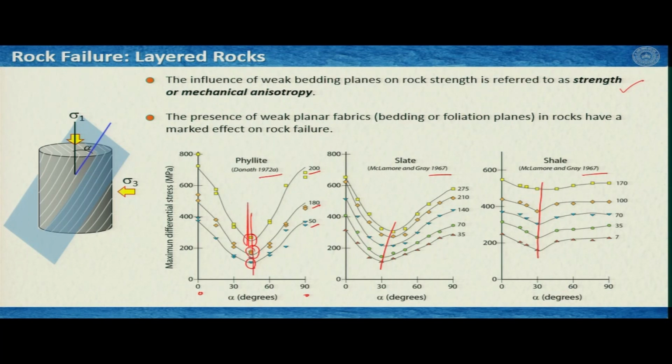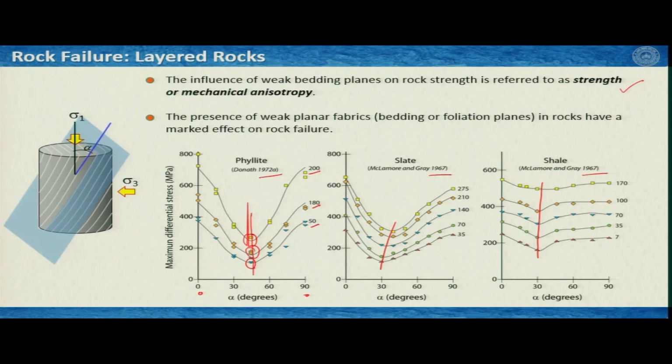But the take home message from this slide is that an isotropic homogeneous intact rock may have a strength which is completely different if we have a similar composition but the rock is layered or foliated. Then the strength of this rock, or failure of this rock, is a function of the orientation of these layerings with respect to the loading direction.